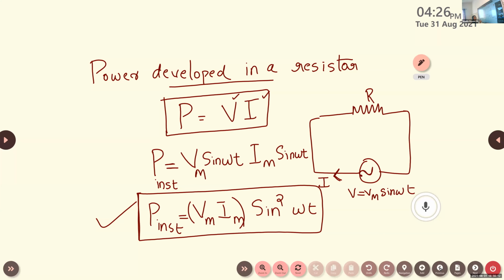From the instantaneous value of power, we can calculate the average value of power. So the instantaneous value of power is given by Vm Im sin square omega t.